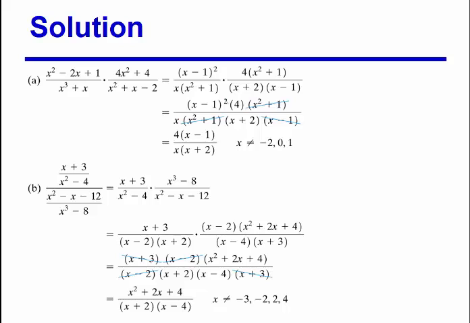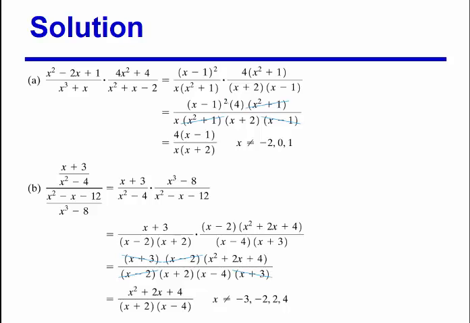You can see that the squared becomes a linear term, then the x minus 1 in the denominator is canceled out. And then we can also cancel out x squared plus 1. And then we end up with 4 times x minus 1 over x times x plus 2. Leave it in factored form. And so therefore this is defined as long as x does not equal -2, 0, or 1, which any of these values will make the denominators in the original equal to 0.